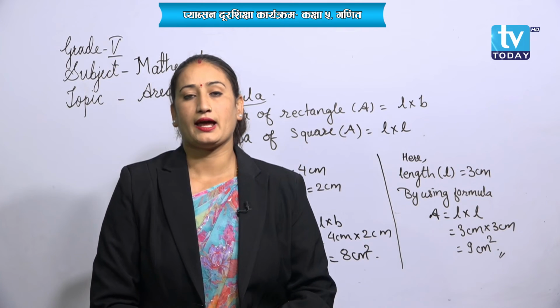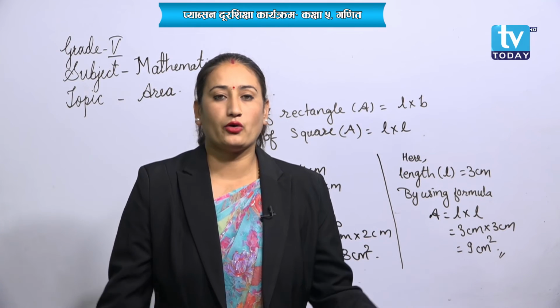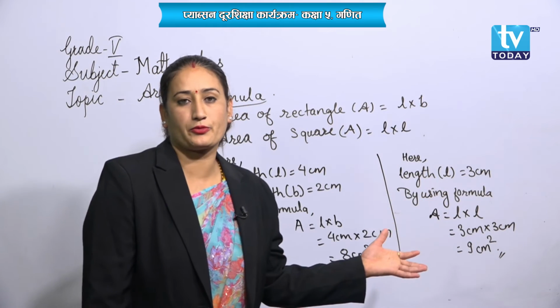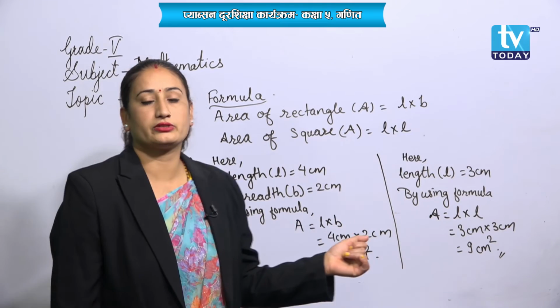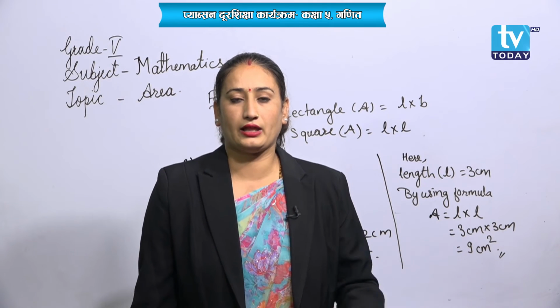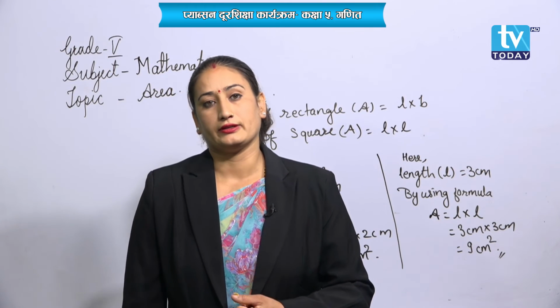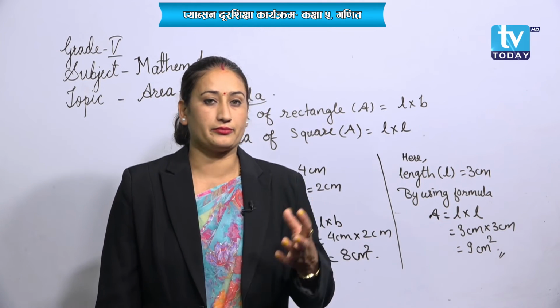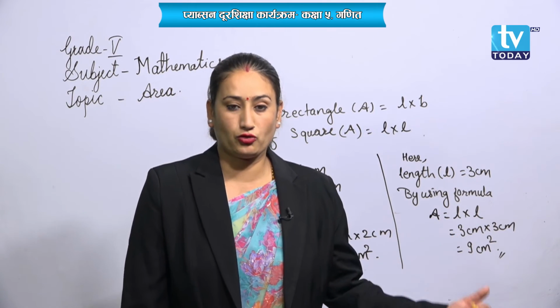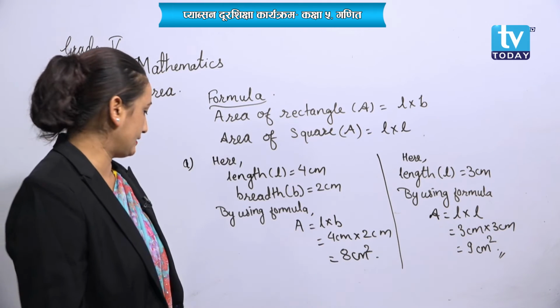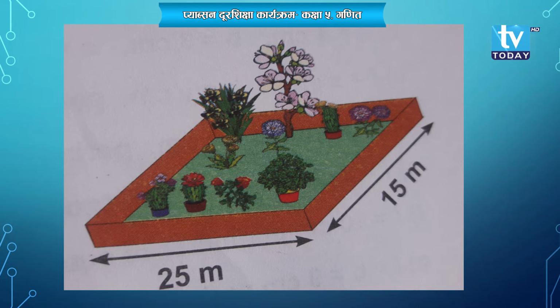So after this, I hope you can solve the problems related to the area of the rectangle and the area of the square, right students? If this type of question comes in a different form, let's have a look over here. It's a garden. Have you seen a garden? It's nice. Okay, I also feel it's nice, it's good.